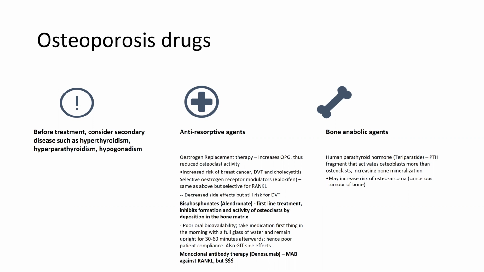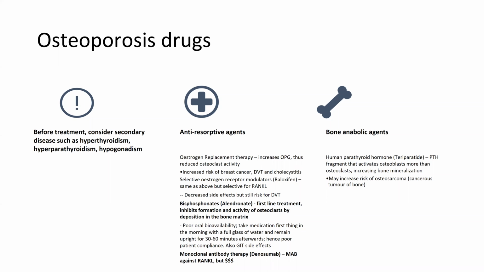So here it says RANKL. If you're not sure what that is, it's just a gene that's apoptotic. So it regulates just how fast your osteoblasts die, pretty much.